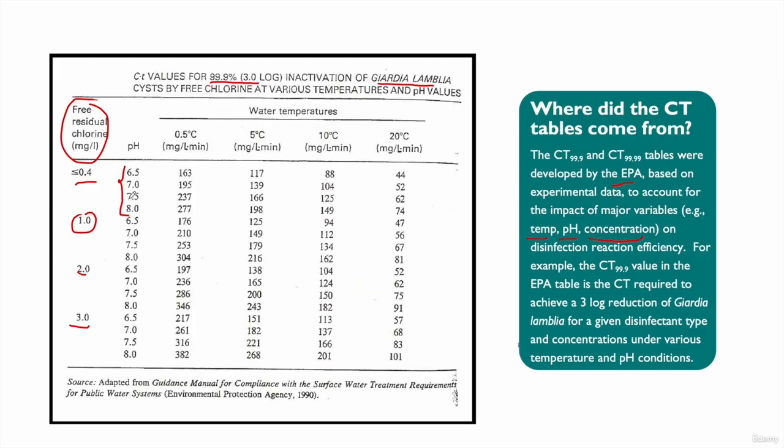The second column is the pH. As we have already said, the CT value depends on the pH. And notice that we have 4 values for the pH: slightly acidic 6.5, 7, 7.5, and 8. And also we have several columns for the water's temperature: 0.5 degrees Celsius, 5, 10, and 20.